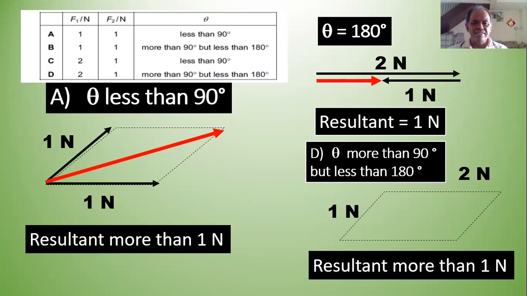But if it's less than 90, it didn't say 0, so it cannot be 1. It must be more than 1. For 2 Newton and 1 Newton at more than 90 but less than 180 degrees, we can see that this one cannot be 1. This one is likely to be more than 1.